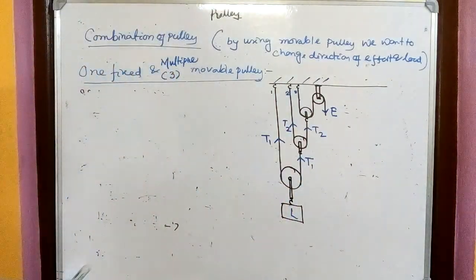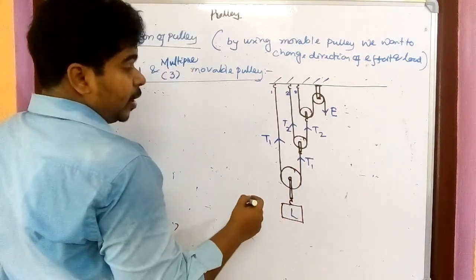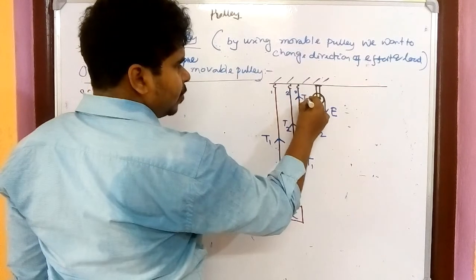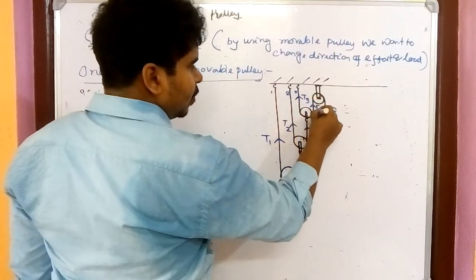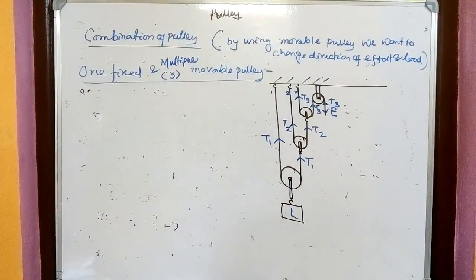And now this tension of the second string is supplied by the tension of the third string, and here also it is T3. So see the diagram properly: for three different strings, three different tensions.